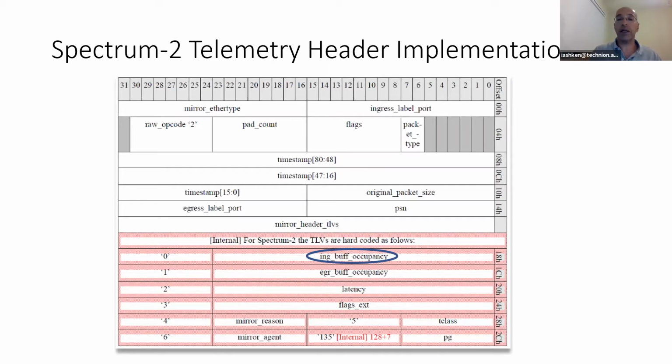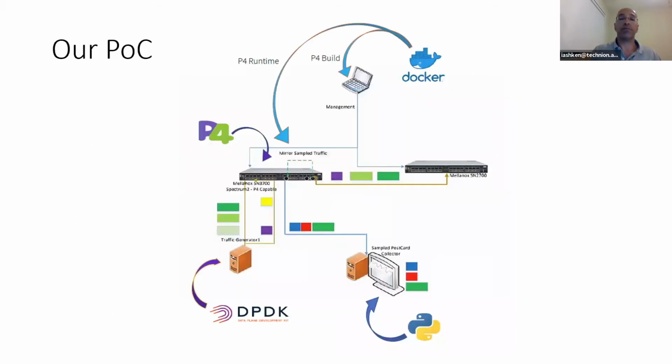We can see exactly what the ingress buffer occupancy was when it entered the switch. What is the egress buffer? That means when the packet was switched or routed to the egress port and reached the egress queue, you can see the egress buffer occupancy as well as the latency inside the switch. So we use this special header in our implementation.